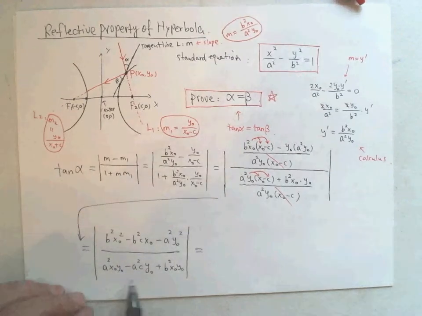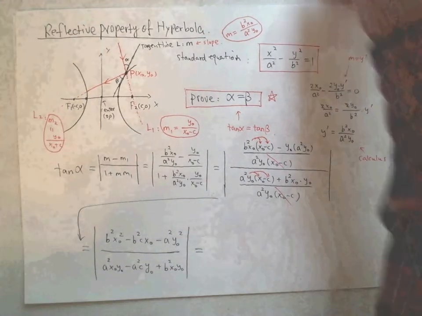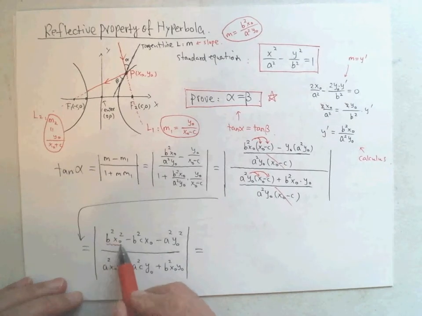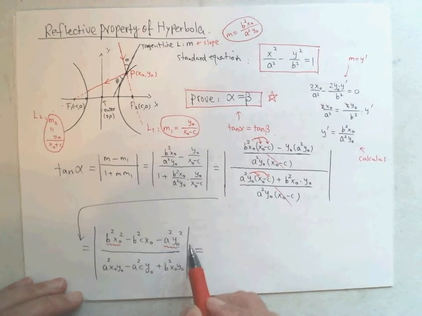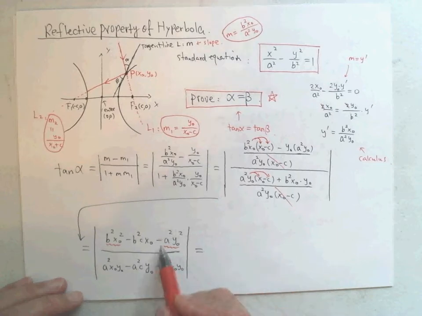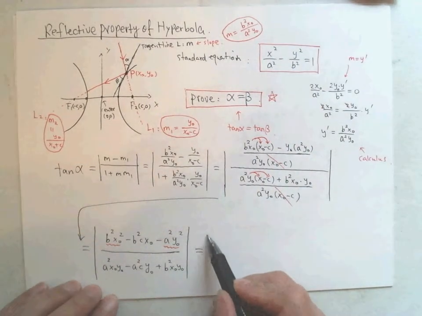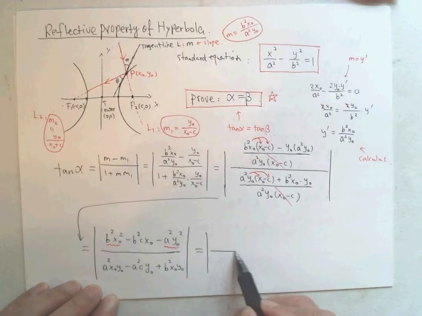Okay, going to simplify again. How to simplify? It looks complicated, but don't worry. This term and this term, okay, I will put them together. So I copy this, put it here.